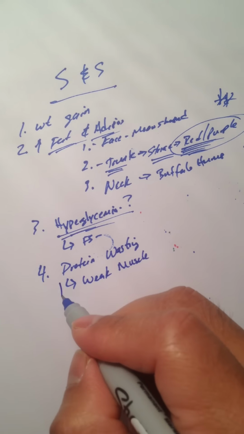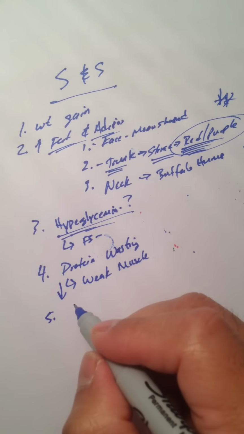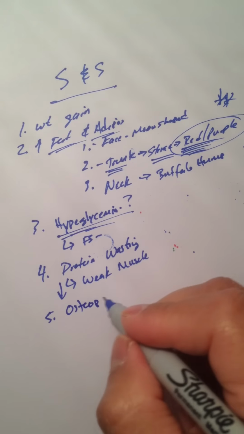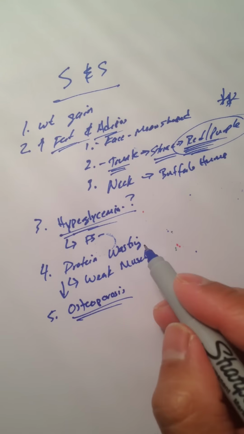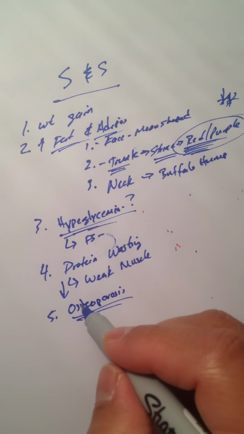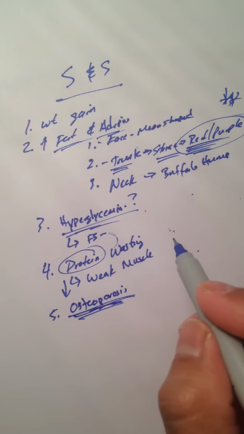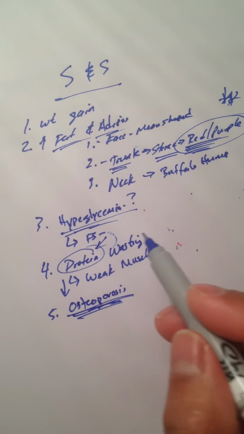Cortisol will also have an effect on bones. So these patients will, long term, suffer from osteoporosis. The cortisol will also eat away the bone structure, causing osteoporosis. Now we just talked about how cortisol has a catabolic effect on protein.